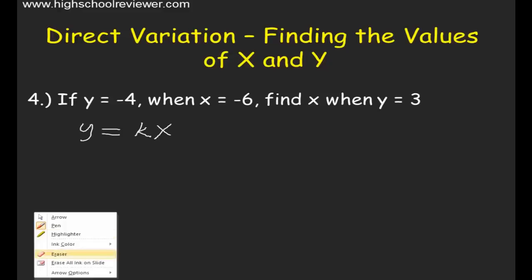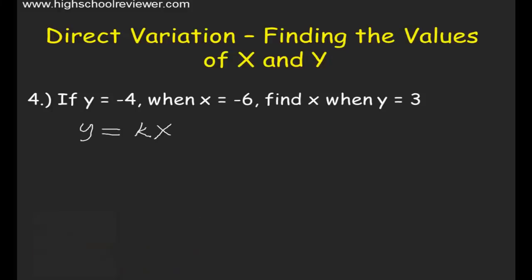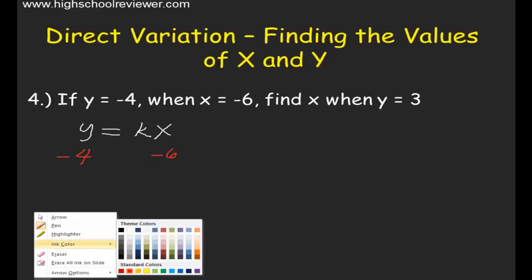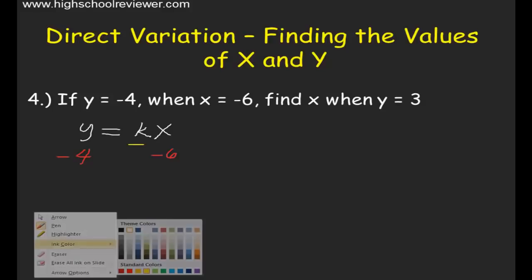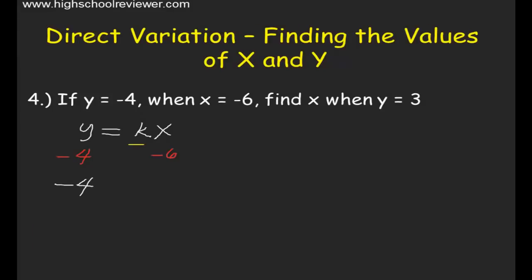Our y is equal to negative 4 and our x is negative 6. We need to find k. So to find k, we have negative 4 equals k multiplied by negative 6.